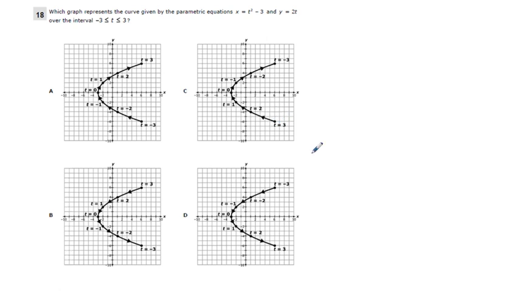Likewise, if we look at answer choice B, we're going from t equals 3 down in the opposite direction to t equals -3. So neither of those is going to work.